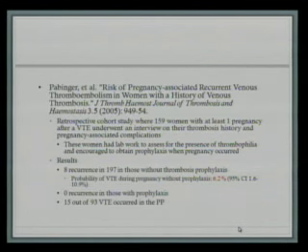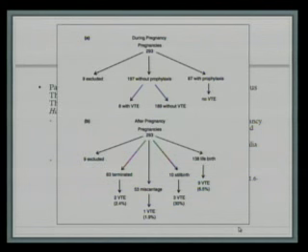What he found was there were 8 recurrences in 197 pregnancies in those who did not have any prophylaxis. So here you had 197, and then there were eight events. In those with prophylaxis, there were none.